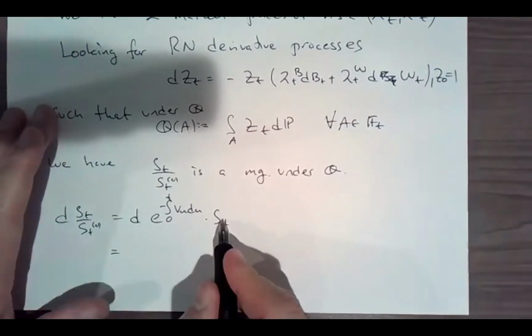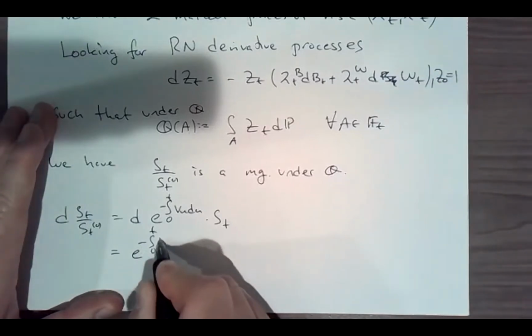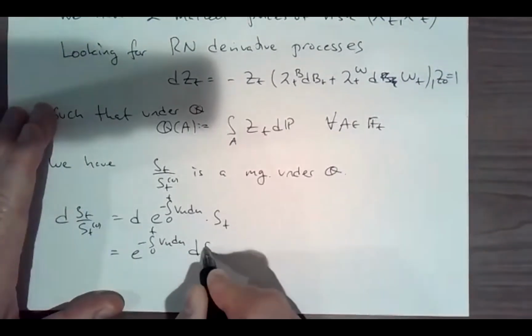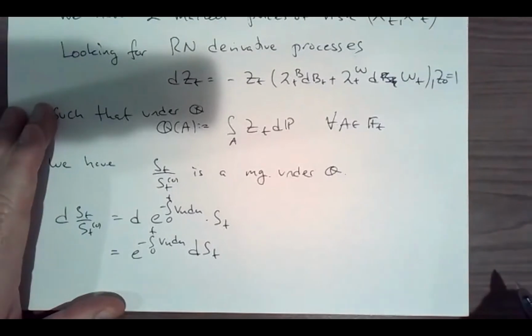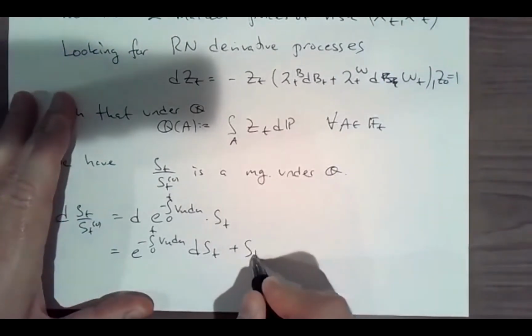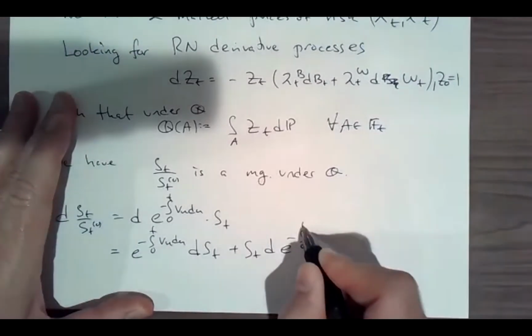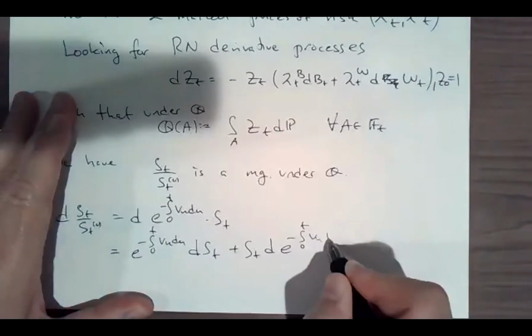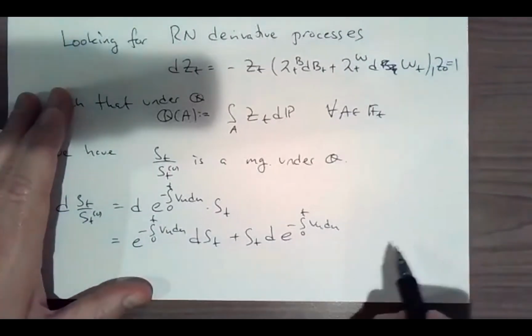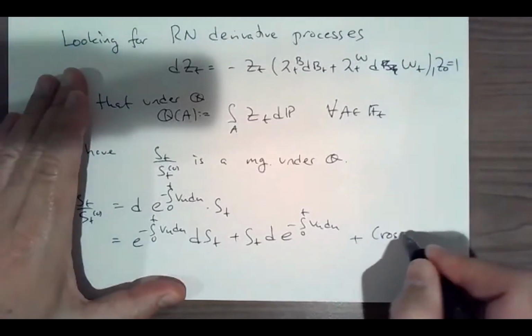So I compute e to the minus integral from 0 to t of vu du times dS, plus St times d of e to the minus integral from 0 to t of vu du, plus the cross variation.